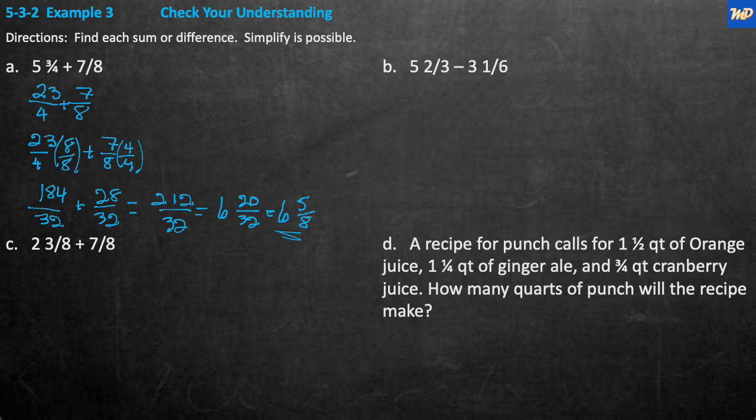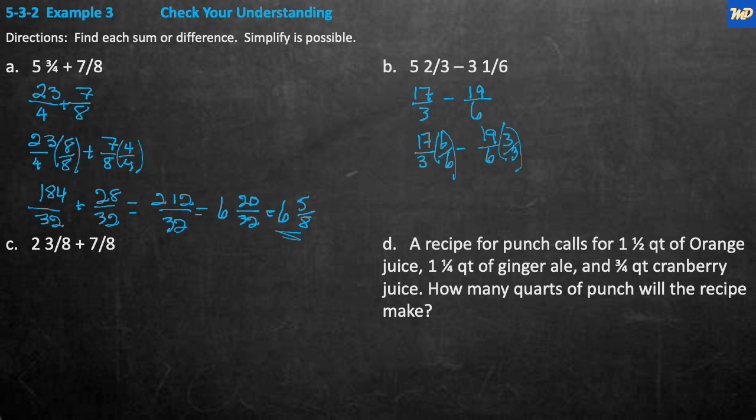B. Let's try B. Starting off, 3 times 5 is 15 plus 2 is 17 divided by 3, minus 3 times 6 is 18 plus 1 is 19 divided by 6. Now we're going to multiply 17 thirds times 6 over 6 minus 19 sixths times 3 over 3.